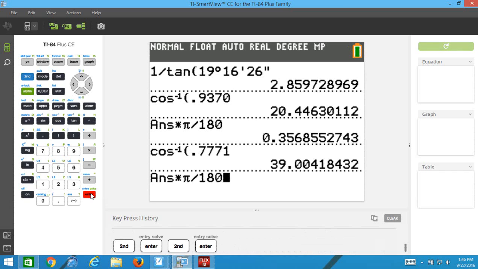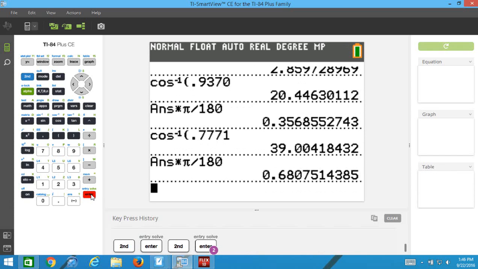And then afterwards, I'm going to multiply it by pi, divide by 180, and I get my radians. So my degrees, approximately 39 degrees, and my radians, approximately 0.68.